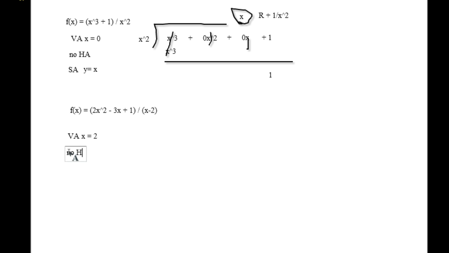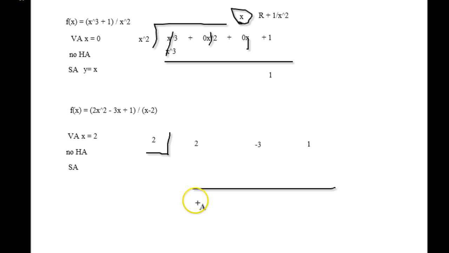There's no horizontal asymptote because the degree on top is larger. For the slant asymptote, I would use synthetic division. So I'd have the 2 here, and up top I have 2, negative 3, and 1.